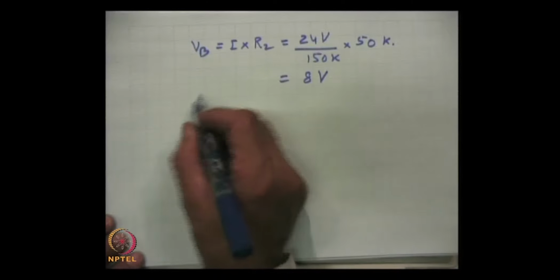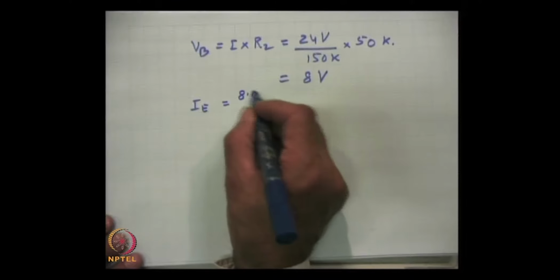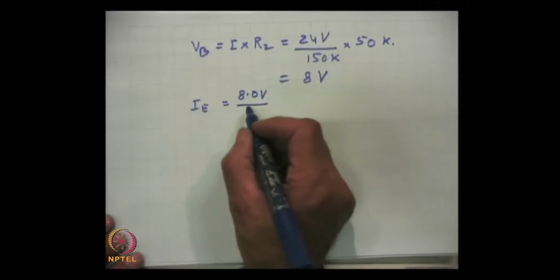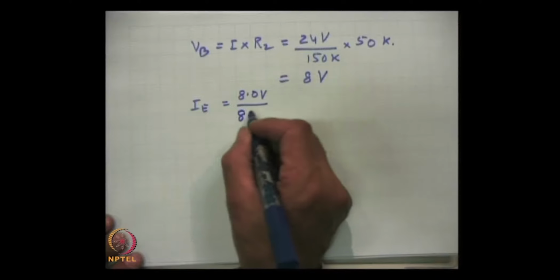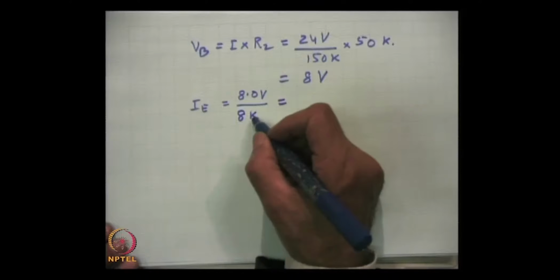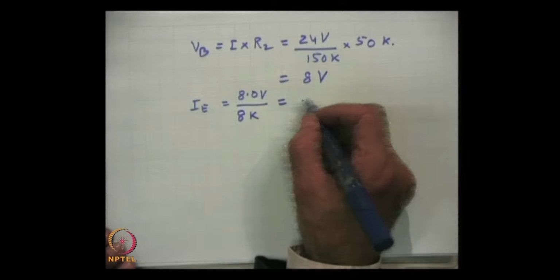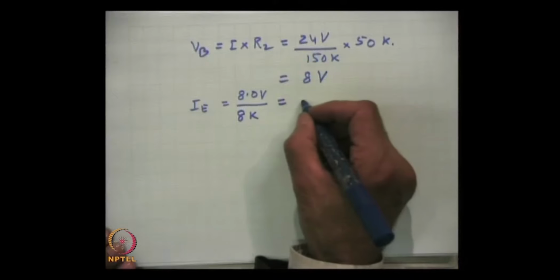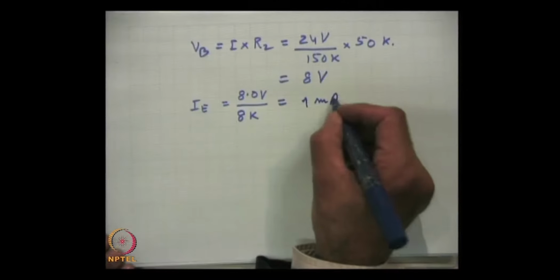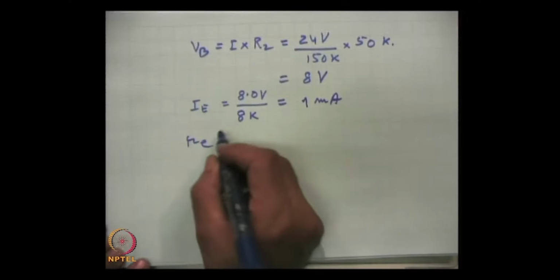By simple Ohm's law, we can find out the emitter current I e is equal to 8 volts by the resistance 8 k. So, this is in volts, this is in kilo ohms, so the current will be in milliamperes, and that is 1 milliampere.